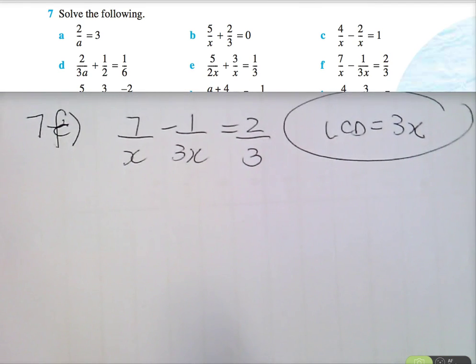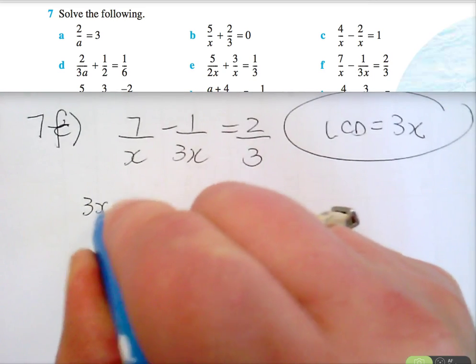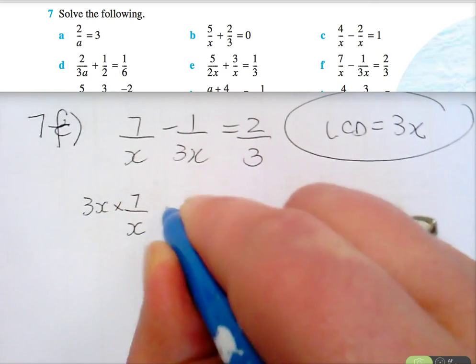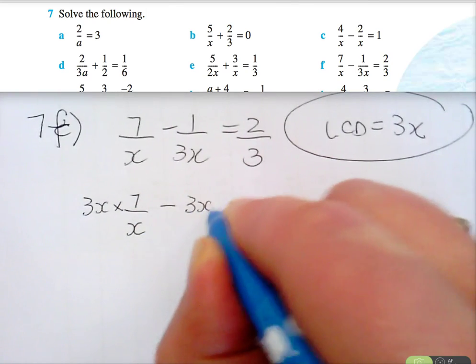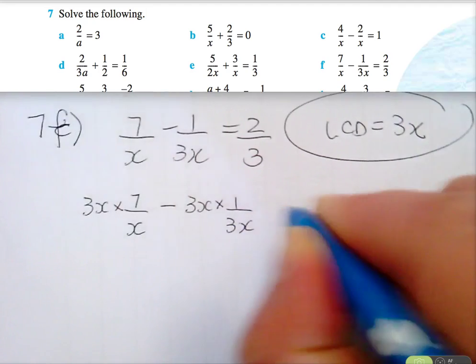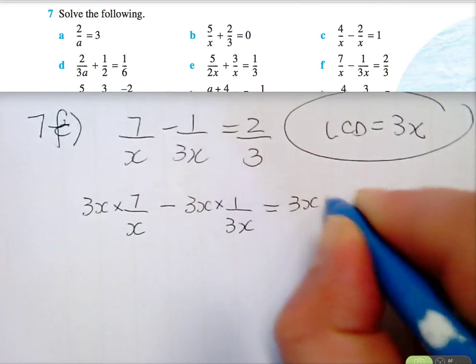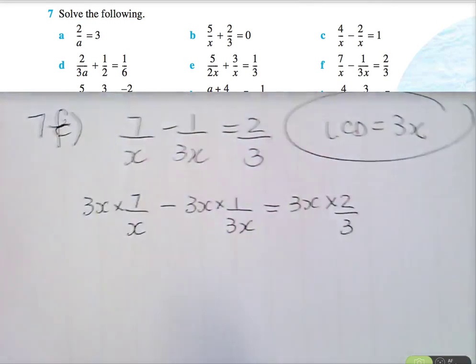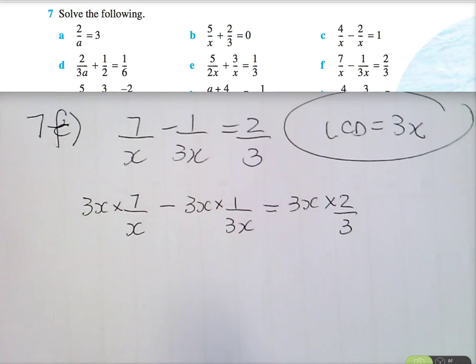So we're going to multiply everything by 3x. 3x times the first fraction minus 3x times the second fraction equals 3x times the other one. Notice I've got exactly what I had, and I'm going 3x times that. Why am I putting a minus? Because the second term's got a minus in front of it.